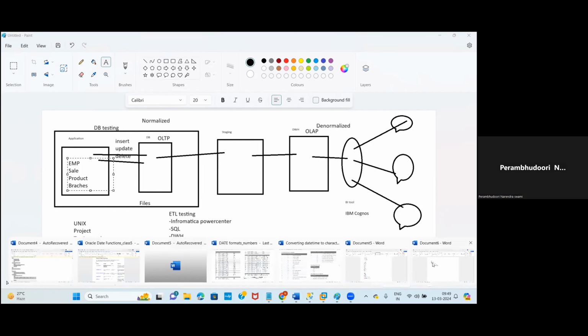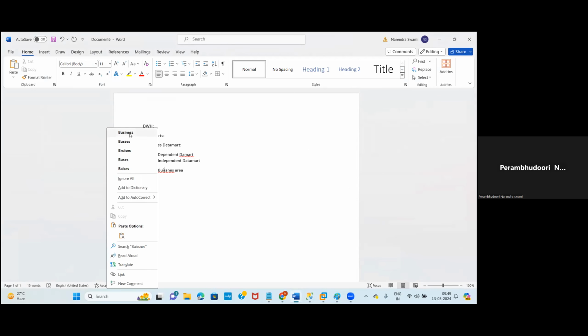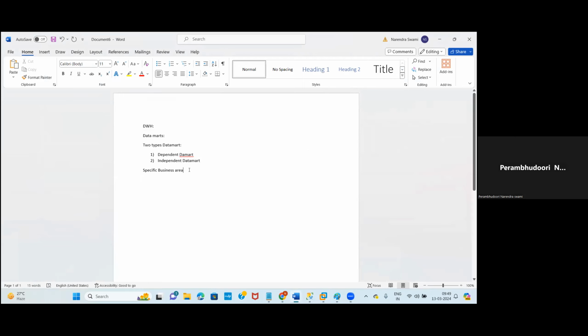So data marts are specific to a business area. Data marts will contain only data specific to a business area. Based on how data is loaded into the data mart, it is dependent or independent.